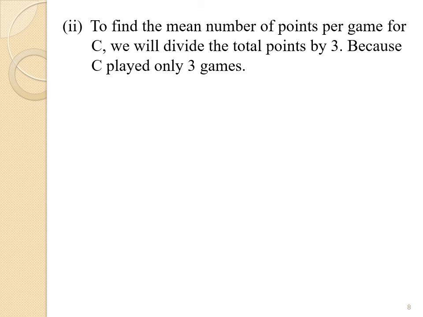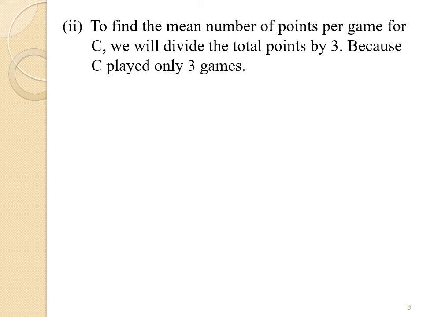Now, sub question 3. B played in all the 4 games. How would you find the mean? The answer of this question is, B played in all the 4 games. So, we will divide the total points by 4 to find out the mean.